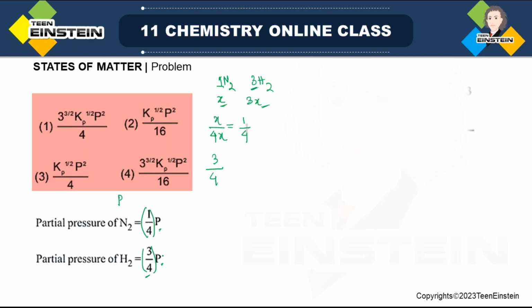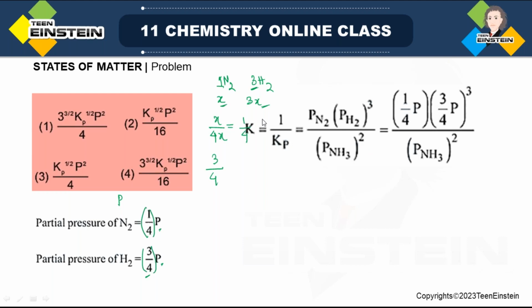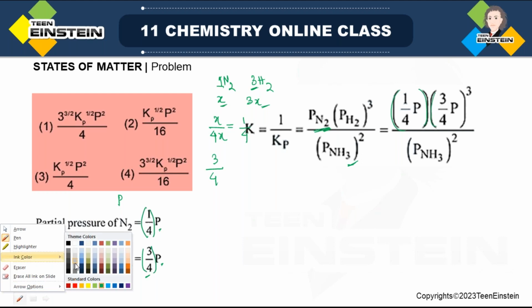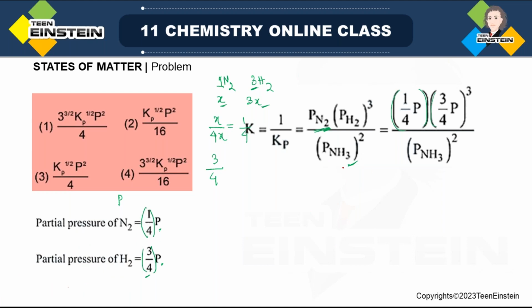Now the same expression from the previous slide we will use here. So in place of P N2, now we will write 1/4 P. In place of P H2, we will write 3/4 P, and this is as it is. Don't change it, because after all you have to find P ammonia, right? Now, bring this term here to the left hand side.